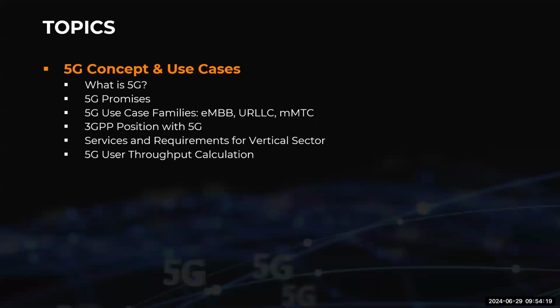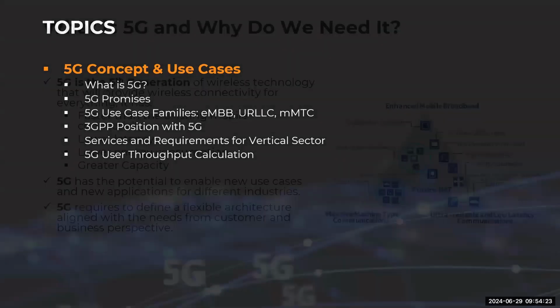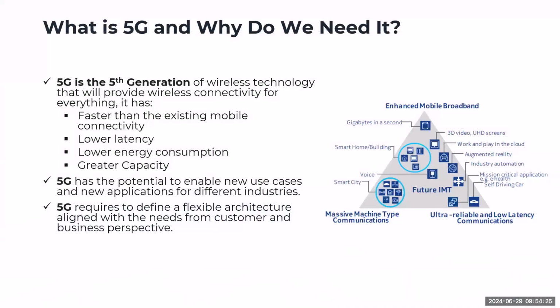Okay, so let's start with the 5G concept first. So what is 5G? As mentioned already by Engineer JM, 5G is the fifth generation of wireless technology. It's faster than the existing mobile connectivity, with lower latency, lower energy consumption, and greater capacity.